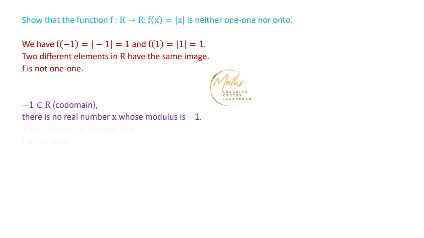It means that -1 belonging to R has no pre-image in R. So what we obtain is that f is not an onto function. What we can see from these examples is that if we have to prove that a function is not 1-1 or not onto, then we can give a particular example to disprove these kinds of statements.